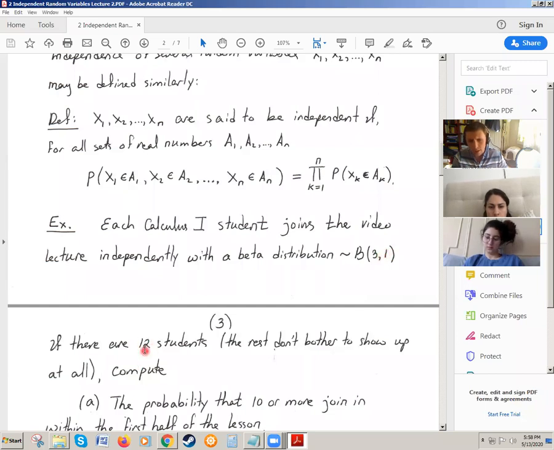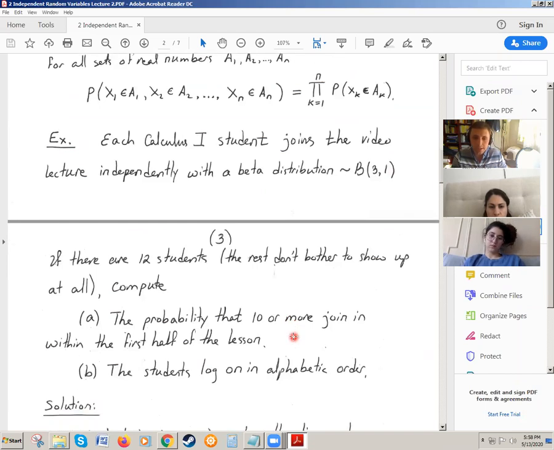And usually there are only 12 students that come, the rest of them don't bother. So the question is, what is the probability that 10 or more will join within the first half of the session? Can you calculate it?